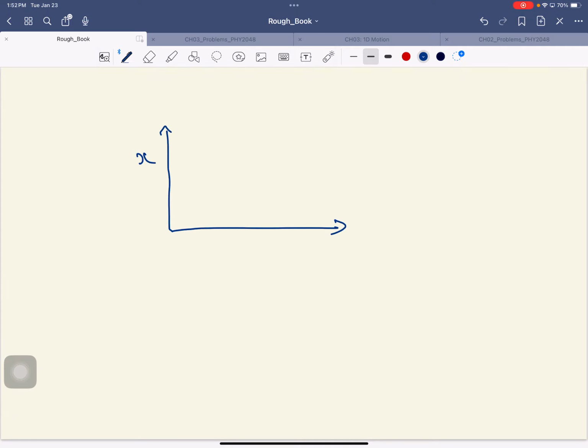Let's say I choose to draw my axis like this. Which way is the acceleration due to gravity? Can you tell me the components? g i and 0 j? Be careful. Minus g i. You got the important part right.